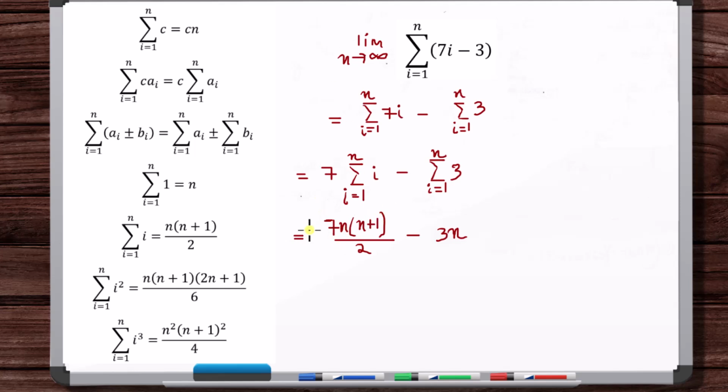This is the same thing as the limit as n goes to infinity of this, right? Because this is the S of n. This is the partial sum. Go check out some of the previous videos.